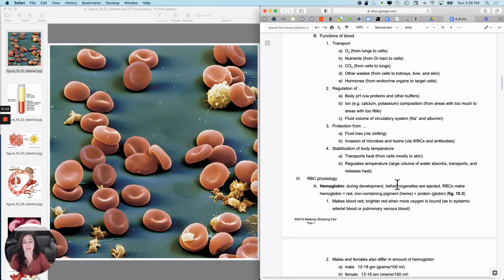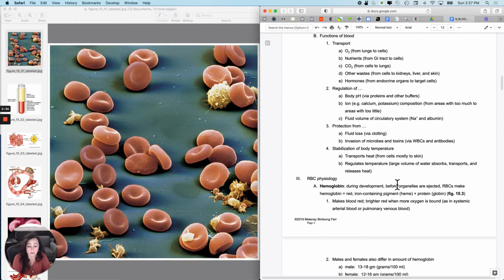And then because it kind of works like a swamp cooler, from circulating hot parts to cool parts to hot parts to cool parts, it transports heat from wherever the metabolism is highest or the body is hottest to wherever it's coolest, and then cools down the blood again and then brings it back.